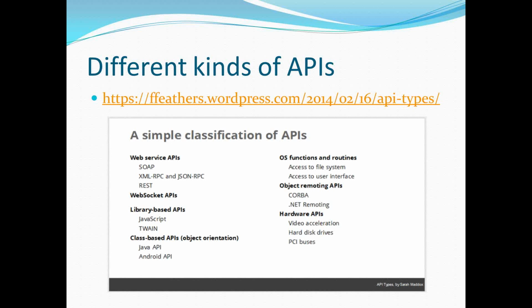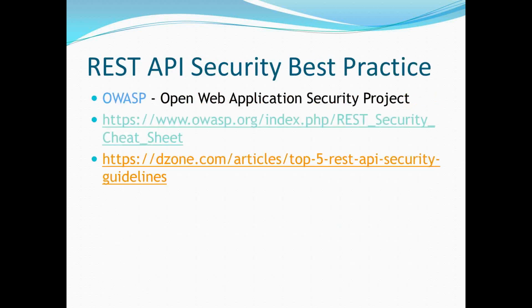Before we look at OAuth2, let's take a look at securing APIs as a whole. I found this slide very interesting from this website, and it shows different kinds of APIs. And the API that we're looking at today is the REST API. If you are interested, just go to this website and take a look and let's also talk about different APIs.